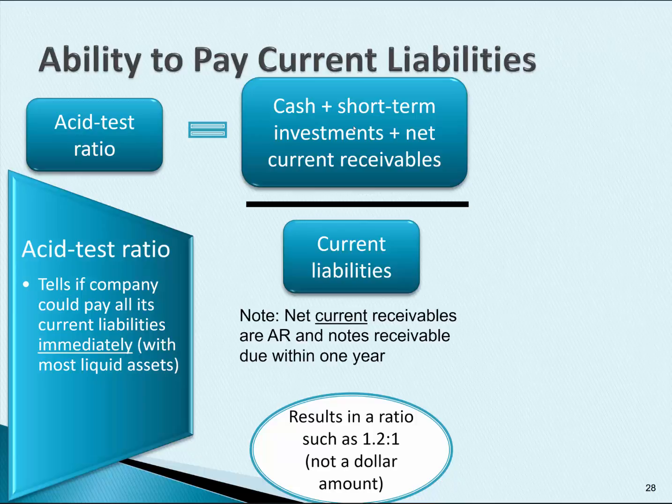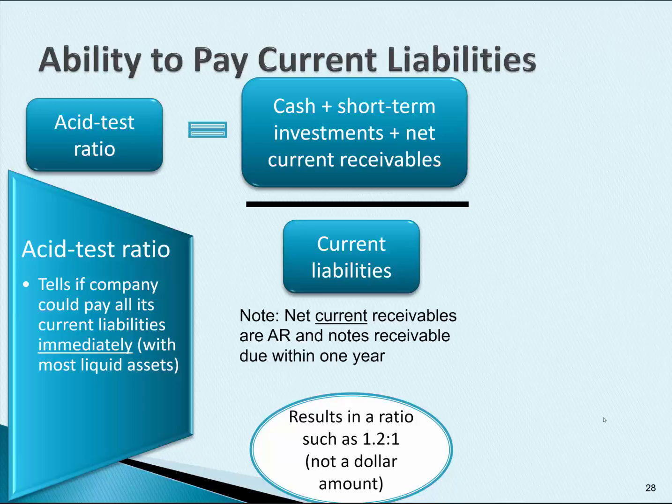And can you really sell inventory quicker than you normally could in order to generate cash to pay off your bills? Well, you can't unless you discount your inventory significantly. So this acid test ratio is a more realistic way to tell if a company is going to be able to pay its current liabilities.